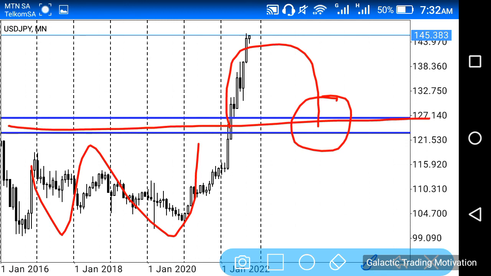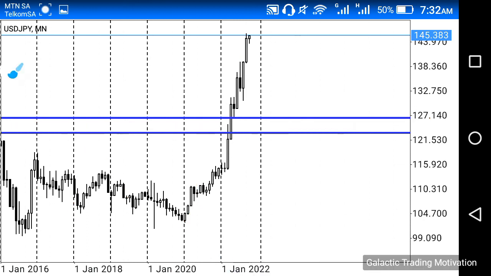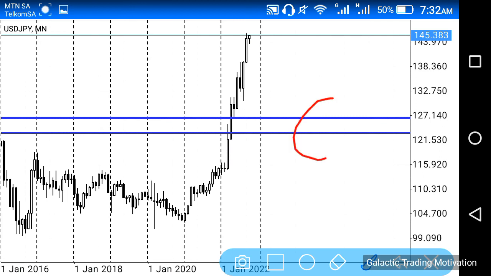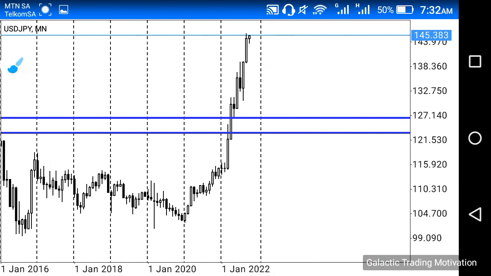Number three, the neckline has been broken to the upside, and number four, the neckline aligns with the 50% Fibonacci retracement level, right? So that is confluence, right? And as much as I'm saying that, I'm not necessarily saying that should price come back to this level we will just be buying. No, we're going to look for further reasons for why we should be buying at this level over here, right? Anyway, let's proceed.